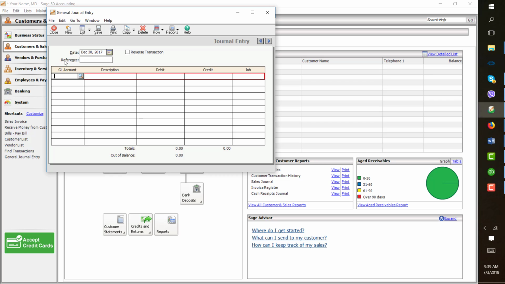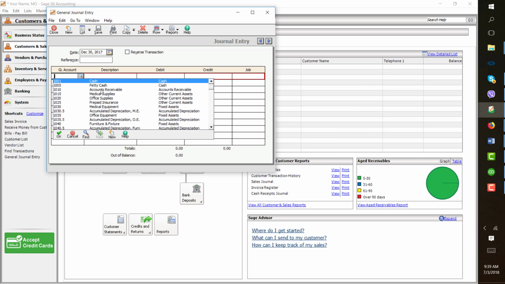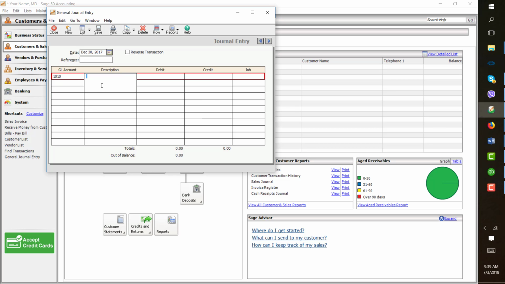So the journal entry is to debit the accounts receivable, and that you will want to collect from your patient, Marjorie Williams. So you're debiting the asset account receivable. And your description will be to record an NSF check for the amount of $974.36.